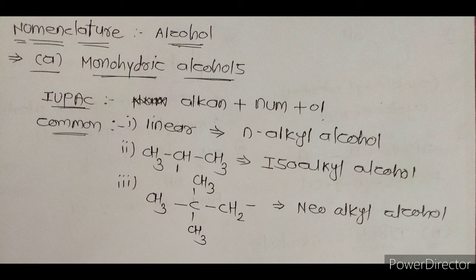Most important, remember that only for CH3 CH3 in a sequence do we use iso. And the third rule, if a total of 5 carbons is there in a cross shape, then we use neo, like neoalkyl alcohol.